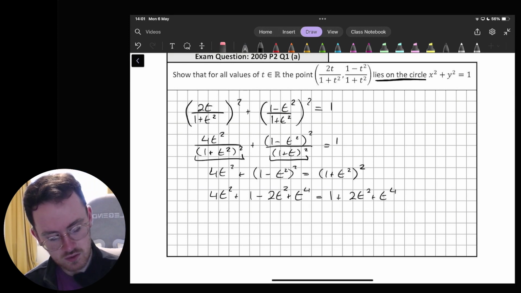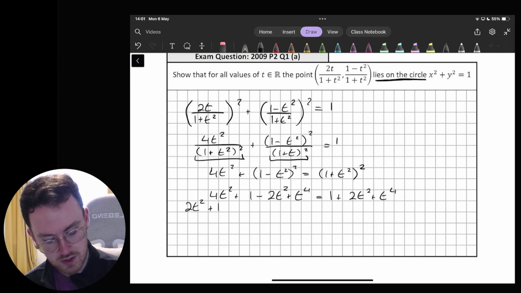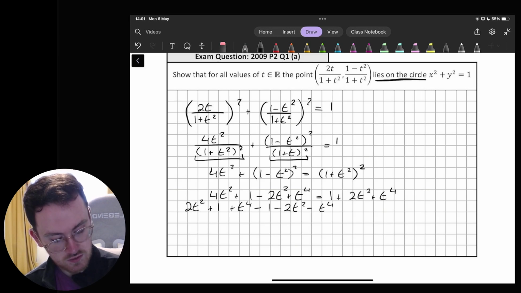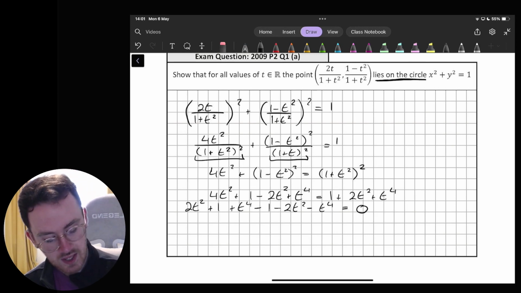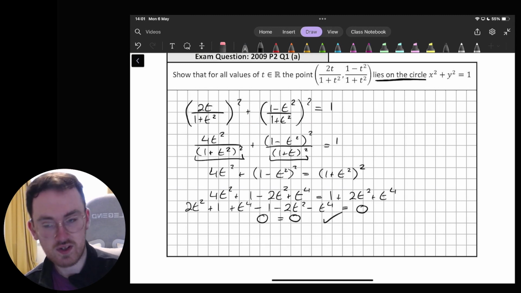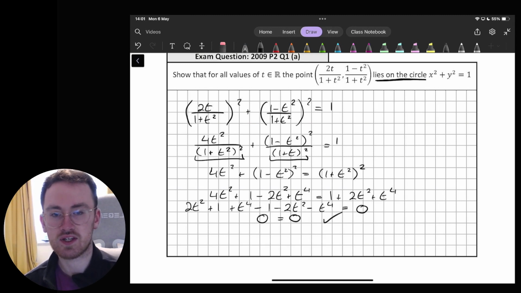But let's bring everything over to one side and see where that leaves us. So I have now 2t squared, tidying this up, plus 1 plus t to the power of 4 minus 1 minus 2t squared minus t to the power of 4, equal to 0. What I have on the left hand side is just going to cancel out, and we end up with an answer of 0.